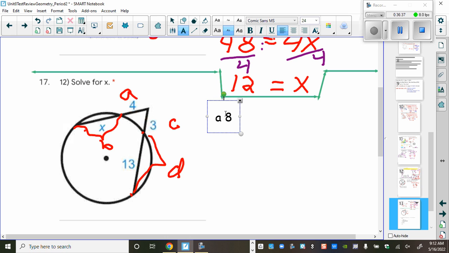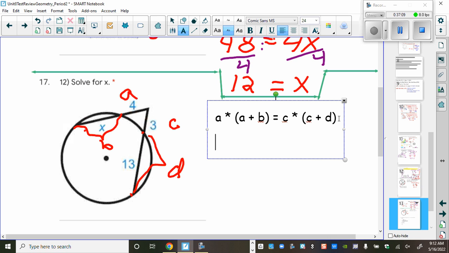It's going to be A times A plus B equals C times C plus D. That's your setup. You got to get this set up 100%. And then from there, you're just plugging in.